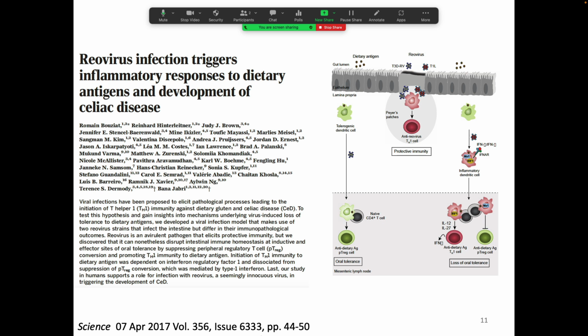What this group has shown, they have some follow-up papers since this one, but this one gives us the idea. With celiac disease, to simplify for our purposes right now, involves you having a dietary antigen that you eat, and eventually that leading to an immune response to a particular antigen.